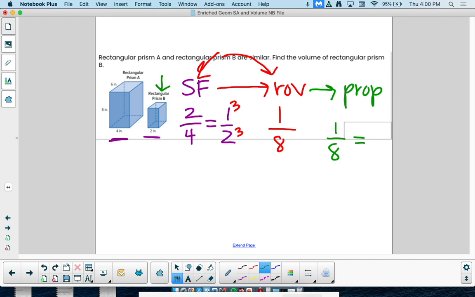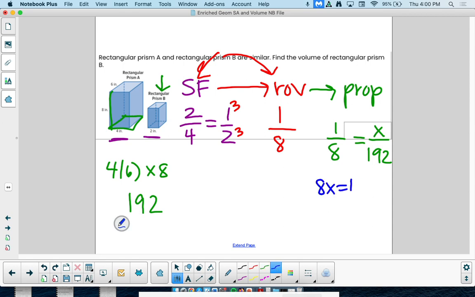No, but we can find it, right? Base area, 4 times 6 times the height. And that gives us 192. So now that, since that was our larger one, that goes on the bottom. Put x on top, and now we solve. So we'll have 8x equals 192. Divide out, x equals 24 inches cubed.